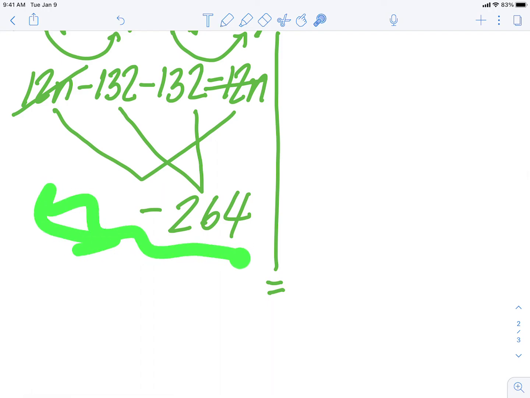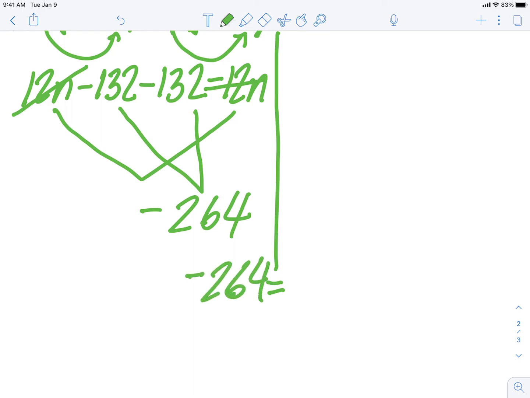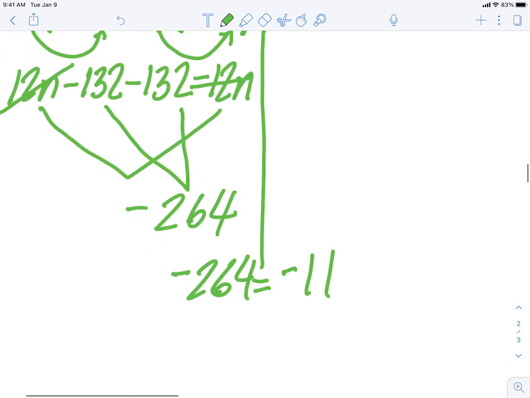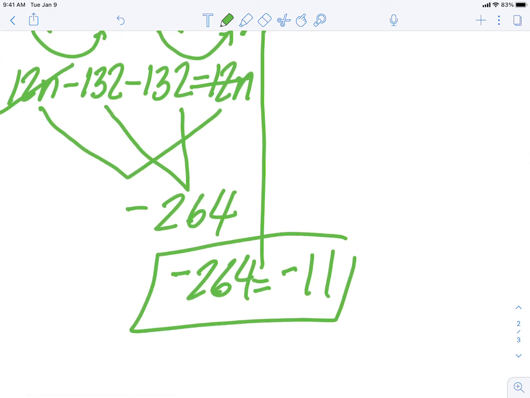There's nothing else to do. So negative 264, I'm going to bring it down here for the equal sign. Here on this side, there's nothing to do as well, so I'm going to bring down negative 11. So my answer is negative 264 is equal to negative 11.